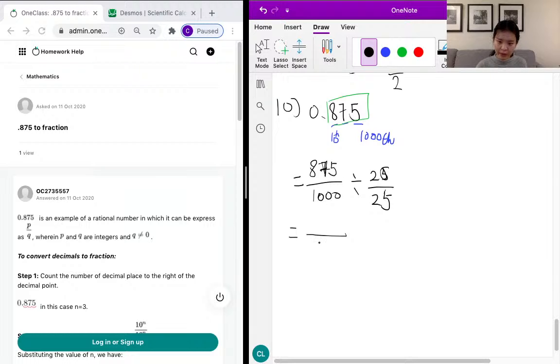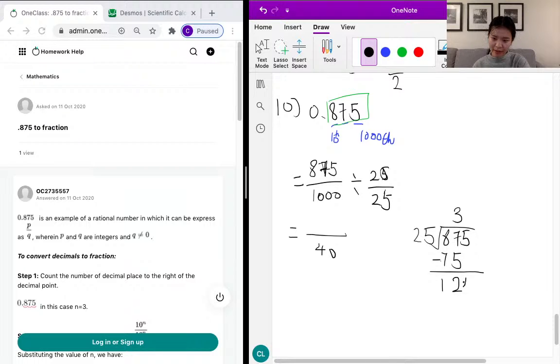So 1000 over 25 is just 40, and for 875 over 25, let's do long division just to make sure our answer is correct. We know that 87 over 25 is 3, and that would make 75, and our remainder would be 12.